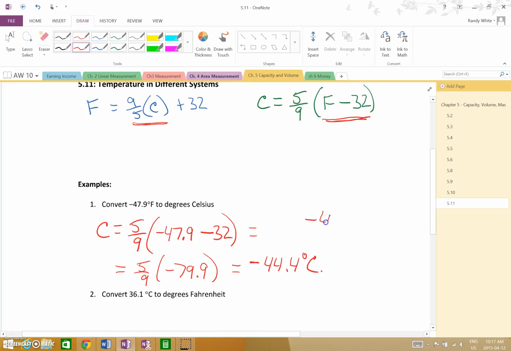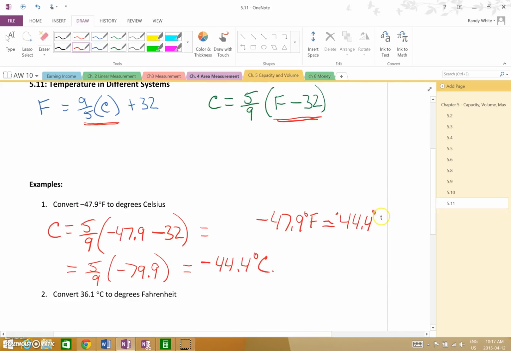So minus 47.9 degrees Fahrenheit is about minus 44.4 degrees Celsius, which makes sense because minus 40 Celsius is the same as minus 40 Fahrenheit, so those are pretty close.